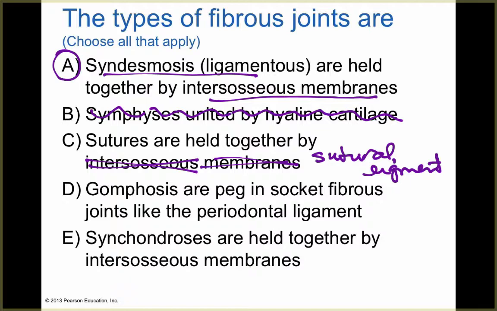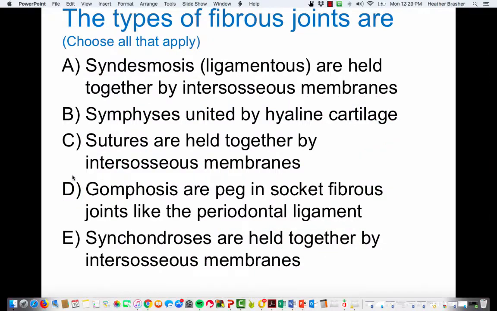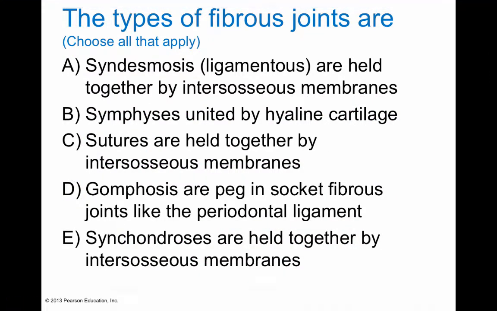And that sutural ligament is still dense connective tissue, just like it was in the previous examples. Gomphosis is the periodontal ligament here, right? And synchondrosis is one, again, we have not even talked about. So on this, the types of fibrous joints, this is an example of one, but this is an example of one, but the description is wrong. The rest of them are correct, though, that I circled.